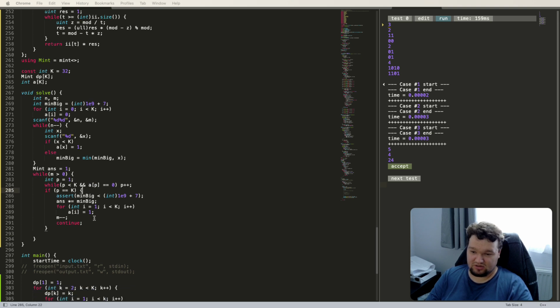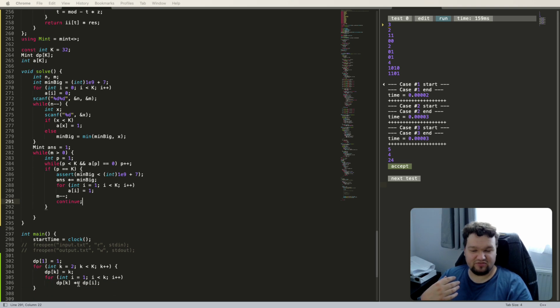So now, I want to do the operations with number p, and ideally I would like to just use my pre-calculated dp value and do all the operations at once. But that might not be possible because that's too many operations.